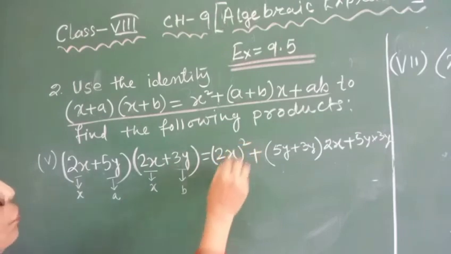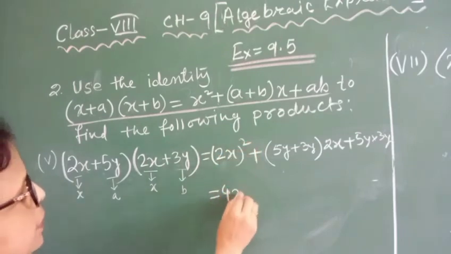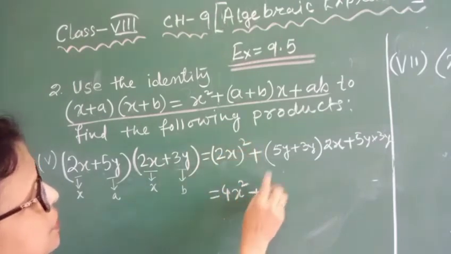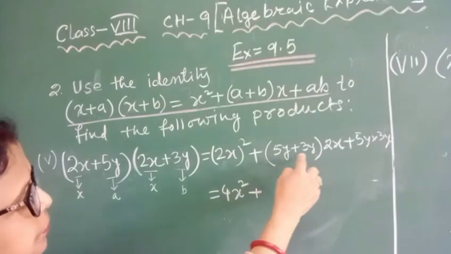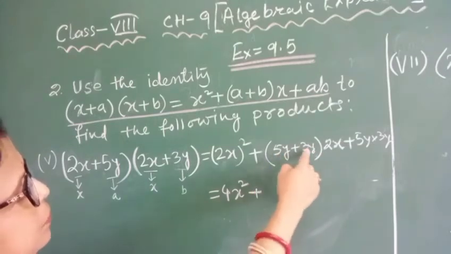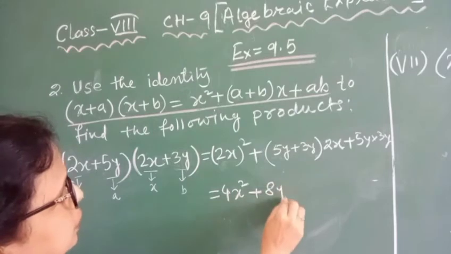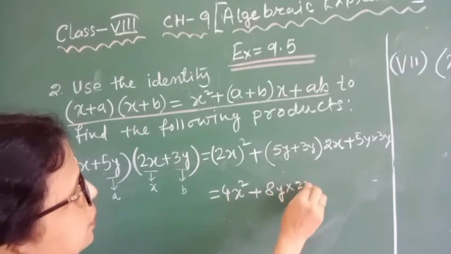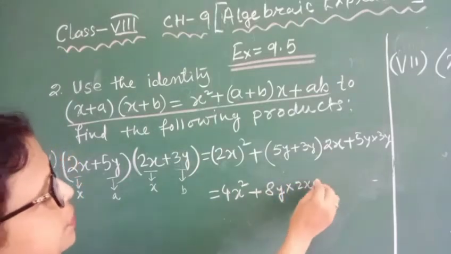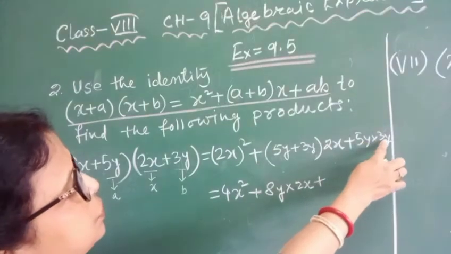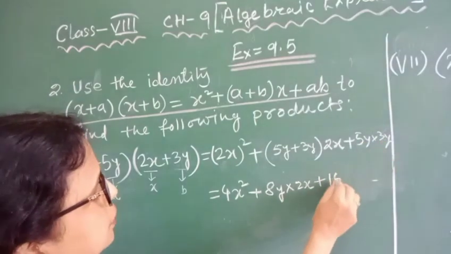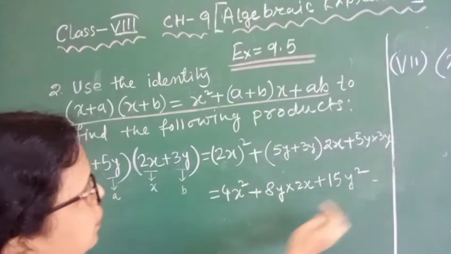2 into 2, 4, x square plus. Both are like terms, so you can add them. 5y plus 3y, 8y into 2x, 8y into 2x plus 5y into 3y, 5 3s are 15, y into y, y square.